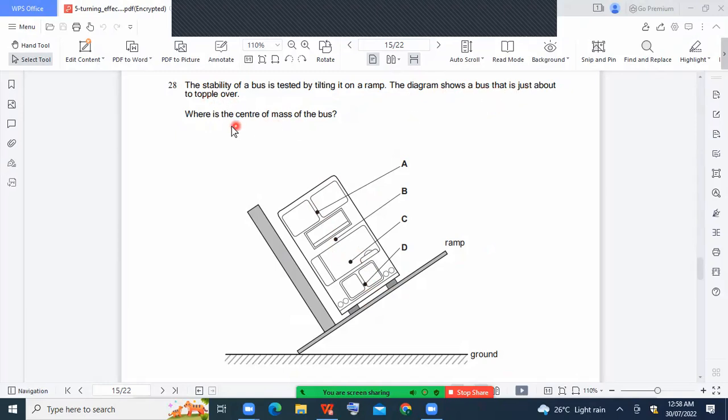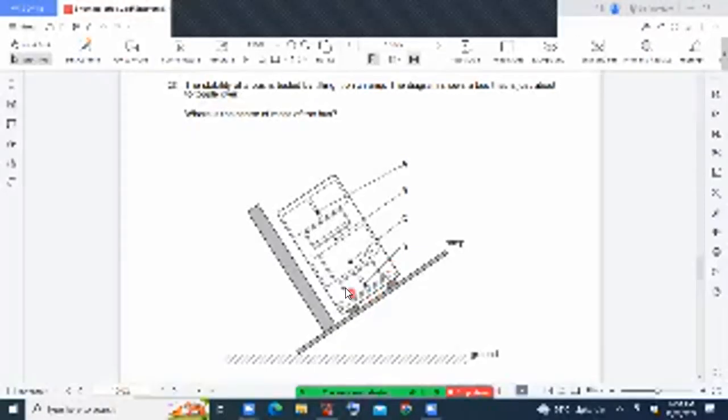Okay, where is the center of mass of the bus? We know that the lower the center of mass, the better. The engine and petrol and most of the things are connected with the base of the vehicle. If there is any car or vehicle, most of its mass is connected with its base.